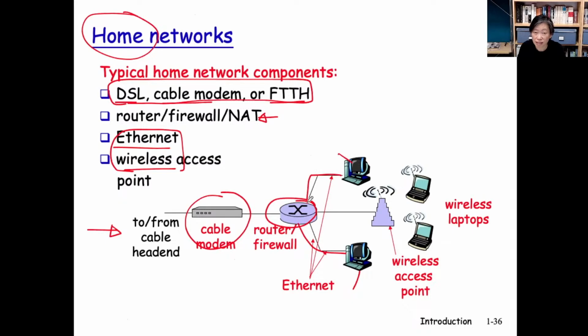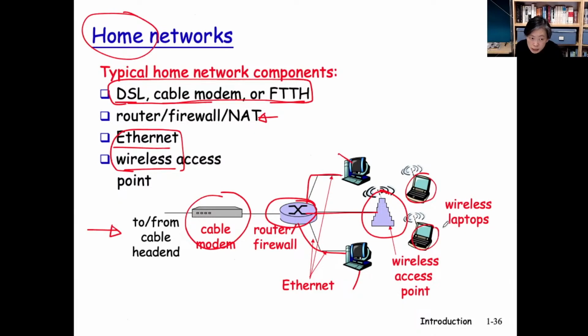These PCs are accessing the internet using Ethernet switches. And the switch here can also connect to a Wi-Fi AP, so that these laptops are accessing the internet through Wi-Fi. So in just this example, you have devices accessing the internet through different access net technologies.